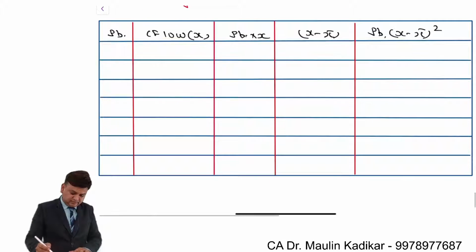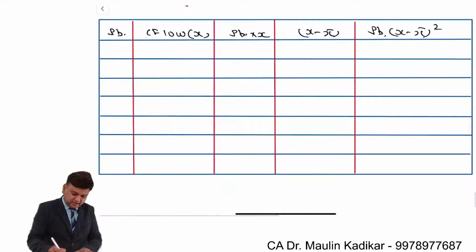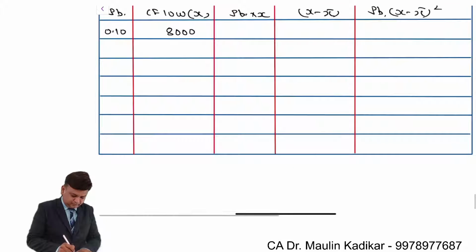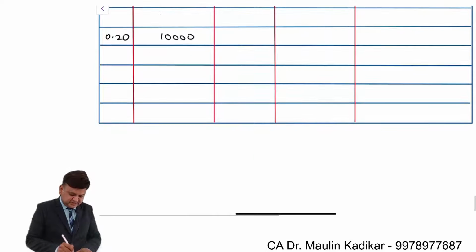So friends, over here, in case of project A, we understand that there are 10% chances cash inflow is 8,000, 20% chances it will be 10,000, and 70% chances it will be 12,000.